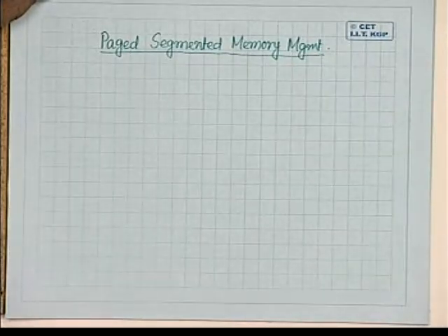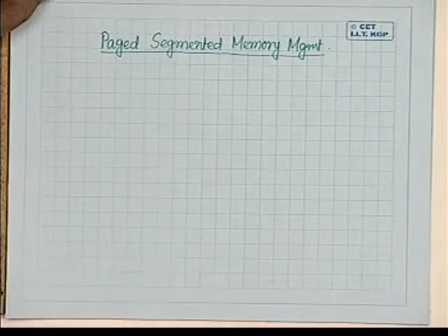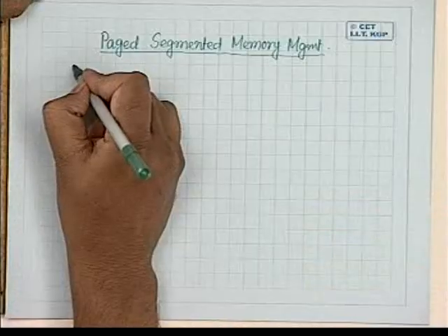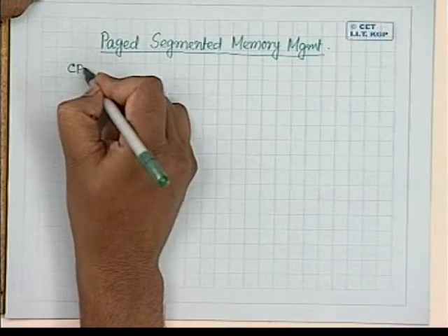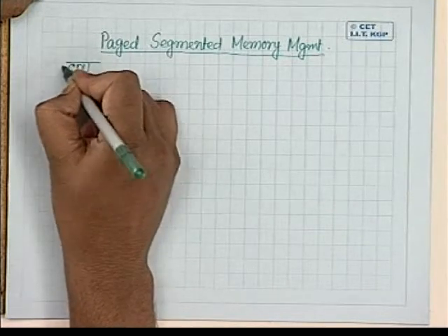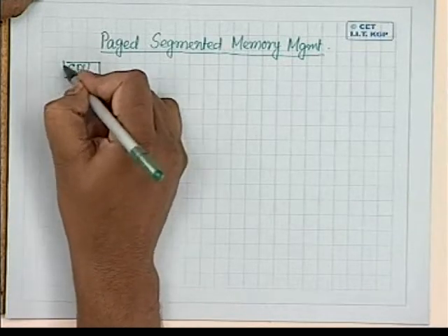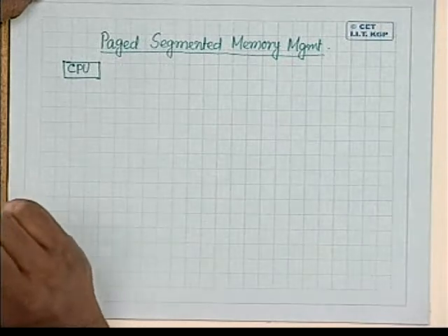In paged memory management, we have seen that for every user program, I have to have a page map table. In paged segmented memory management, for every segment, I have to have a page map table. So the scheme will be something like this. The CPU generates an address. Again, this is a two-component address, but my first partitioning is segmentation.